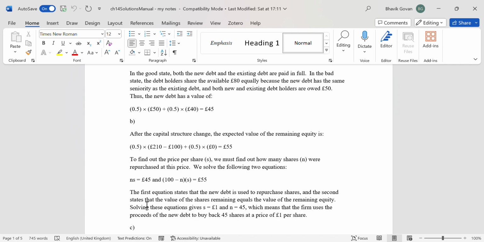Solving the two equations simultaneously, you'll get S equals £1 and N equals 45, which means that the firm uses the proceeds of the new debt to buy back 45 shares at a price of £1 per share. So that's basically part B.